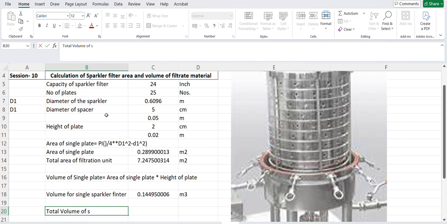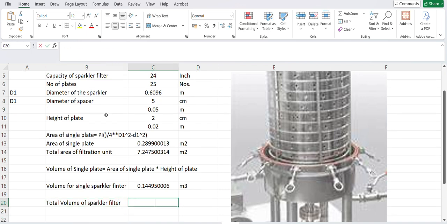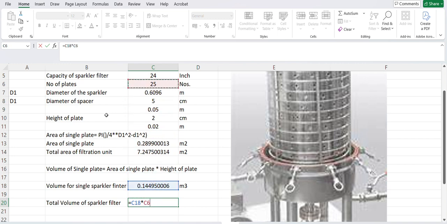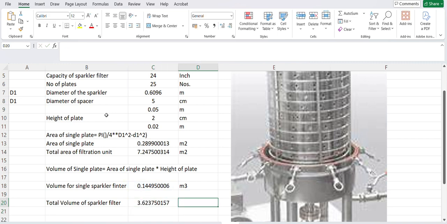The total volume of the sparkler filter is the volume of a single plate into the total number of plates. So we got the volume in meter cube.